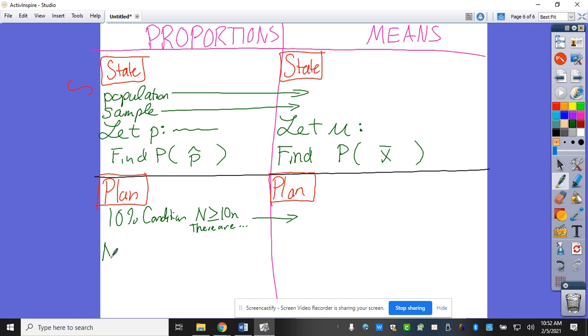All right, so normal is different. So normal for proportions, we have to check what? And what's the other one?